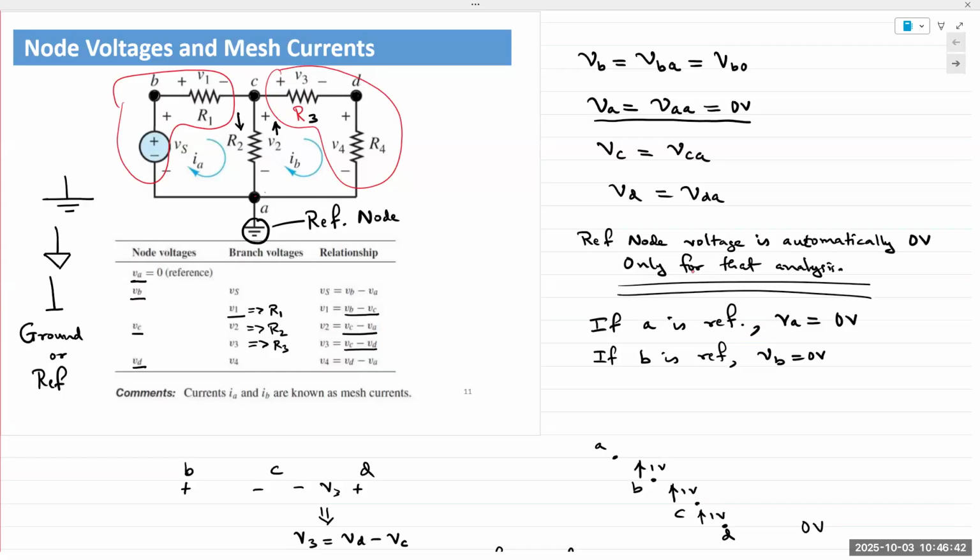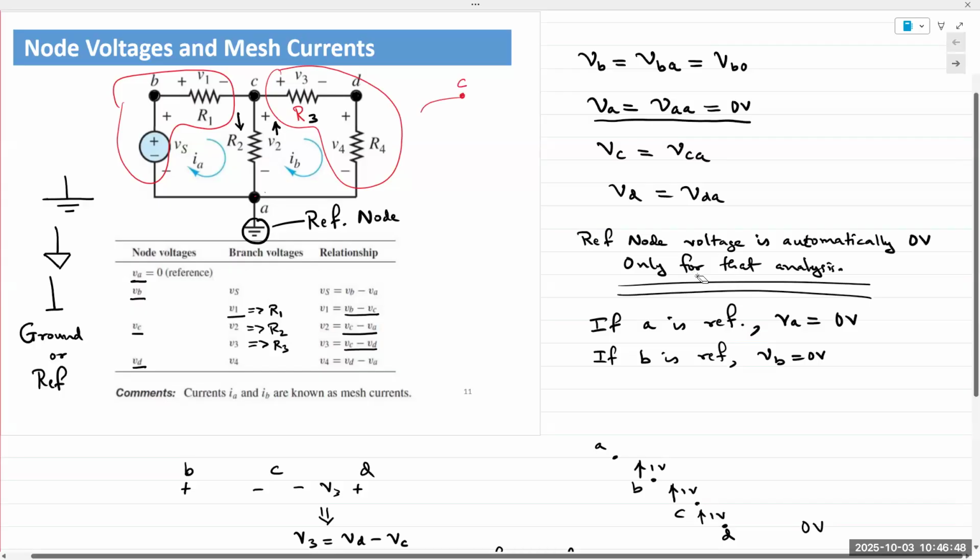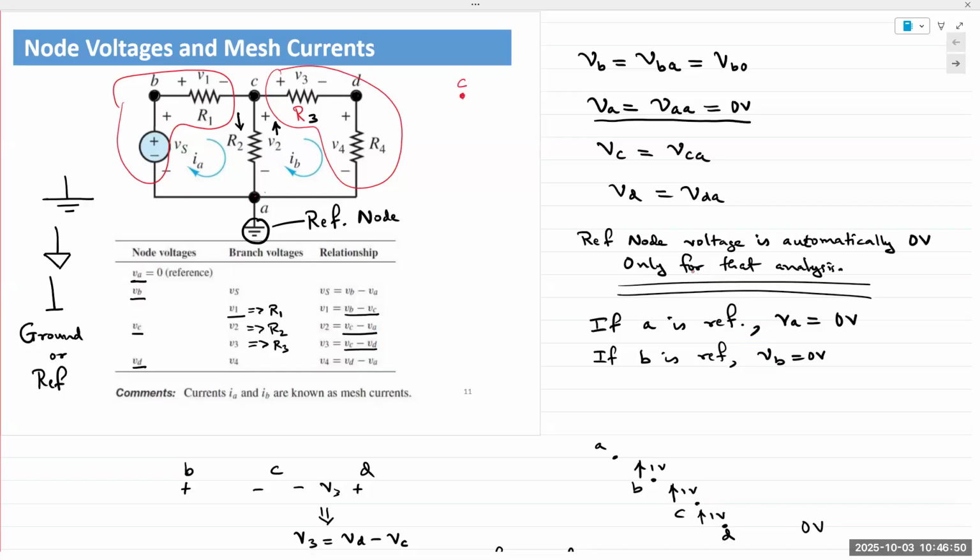And so here I could redraw this circuit with node C at the top, and I would have R2 in the middle, R3, and R4. I'm just redrawing the circuit in a different manner.